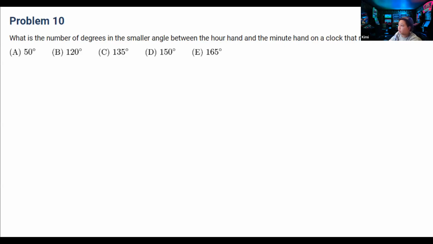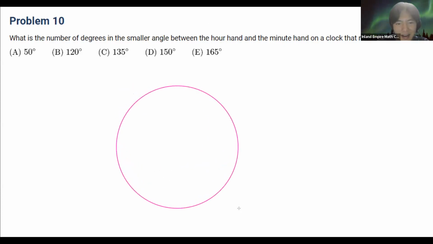Because there's 12 numbers, we got to do 360 divided by 12, which gives us 30 degrees every turn. So 30 times 60, oh wait, never mind, I don't get it. Okay, Kimmy, you were on the right track.